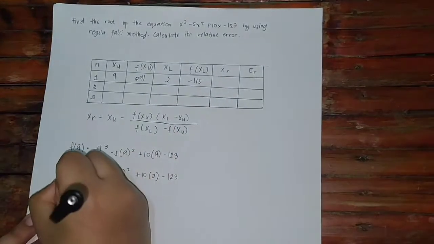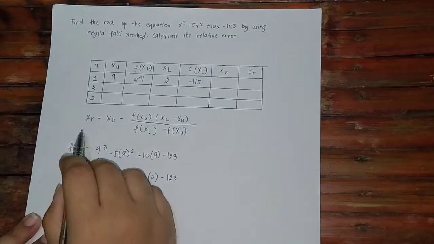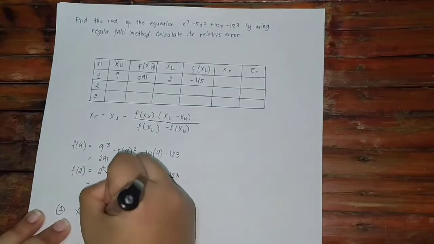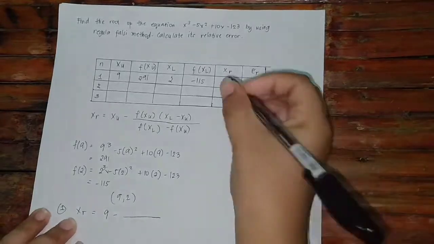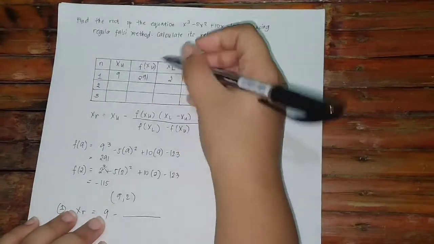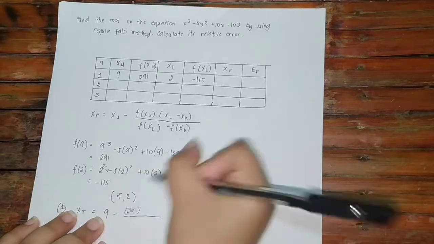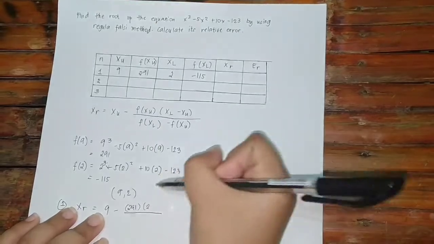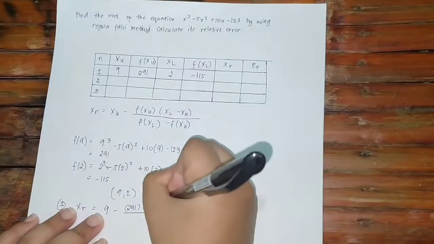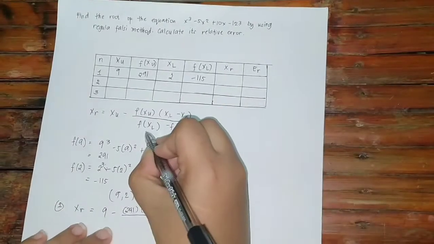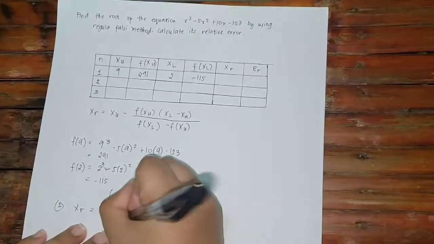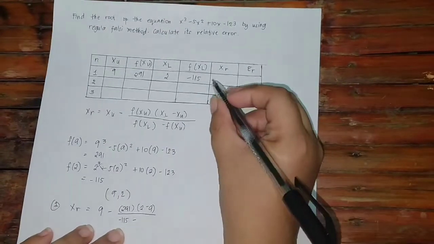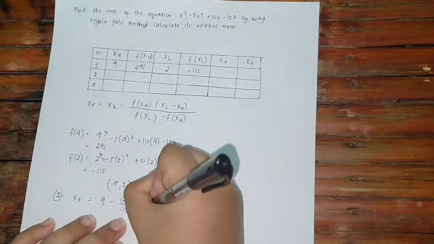Now, for the first iteration, we will use this formula. So, x of r is equal to upper, which is 9, minus f of x of u, which is 291, times x of l, which is 2, minus the upper, which is 9, over f of x of l, which is negative 115, minus f of x of u, which is 291.